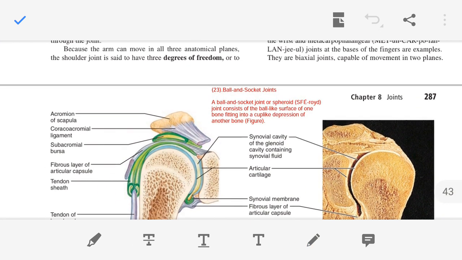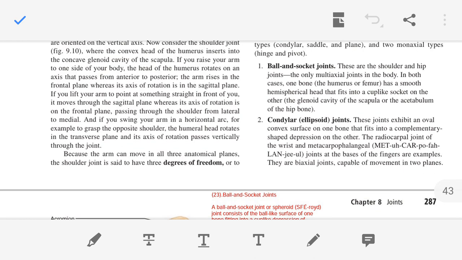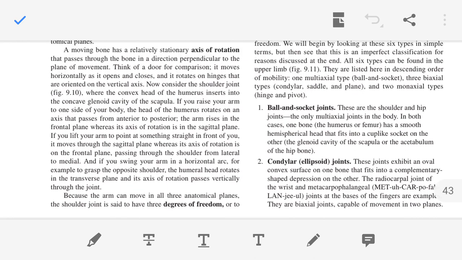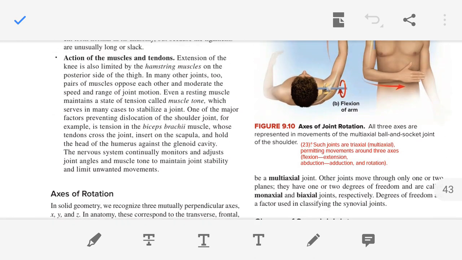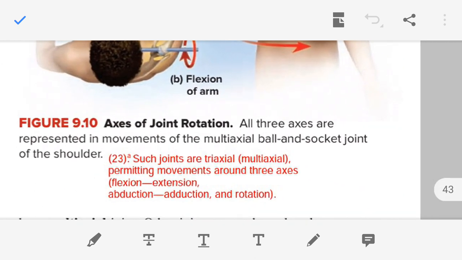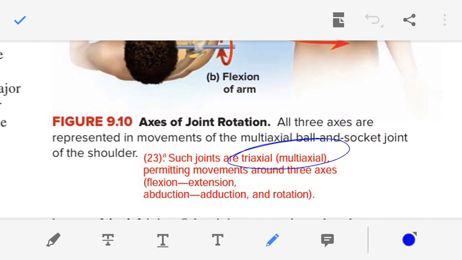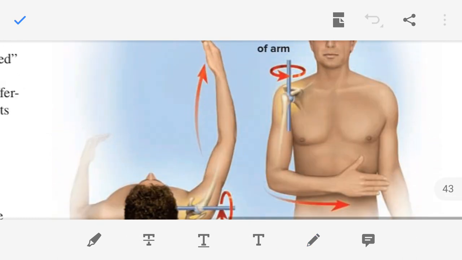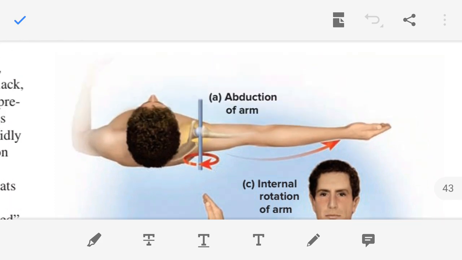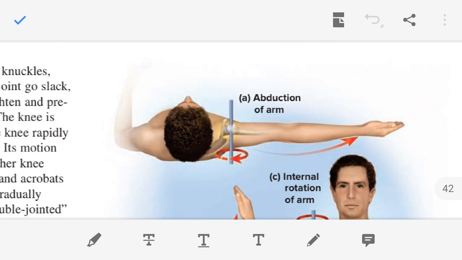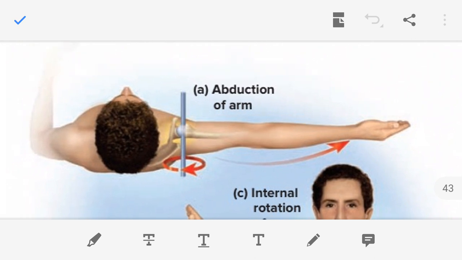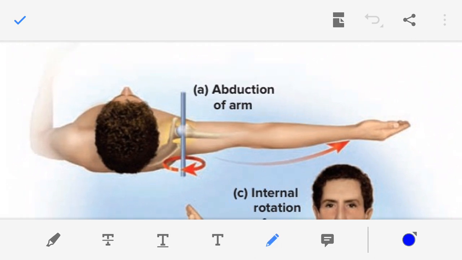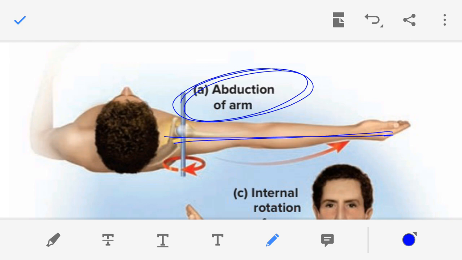Now this ball and socket joint is an example of a triaxial or multi-axial joint. The reason is, in this figure you will find that with the ball and socket joint, abduction of the arm, that is the spreading of our hand, is possible.